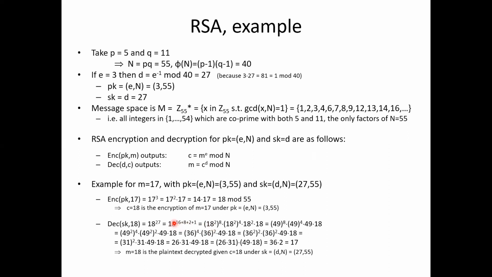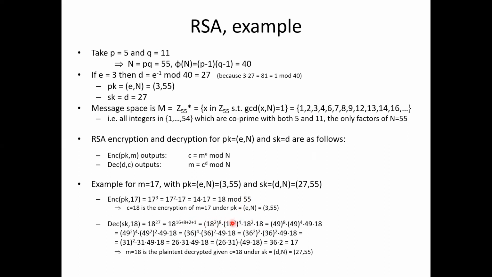Now, 18 to the 16 is 18 to the 2 to the 8. 18 to the 8 is 18 to the 2 to the 4, and so forth. And now compute these inner values. So this is 18 squared mod 55, which happens to be 49.